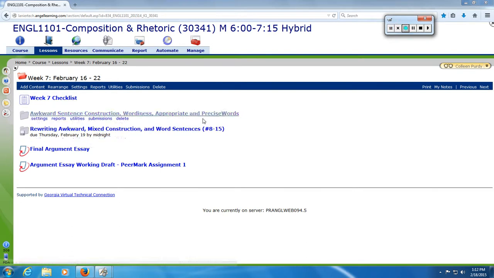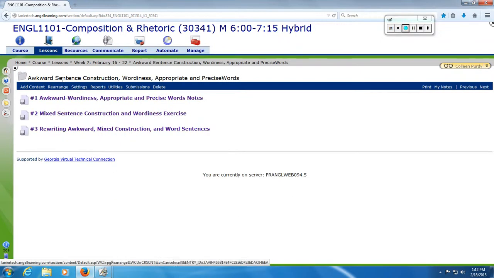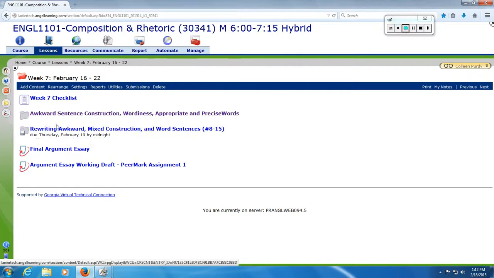I'll have to change that. You're going to do 8 through 15. Now remember, you find the sentences back in the awkward folder, and it is number 3. So you take this out, do 8 through 15 on here. You can either do it in the Dropbox itself, or you can do it on a Word document and submit it to the Dropbox. The Dropbox is right in the Week 7 folder, right here.